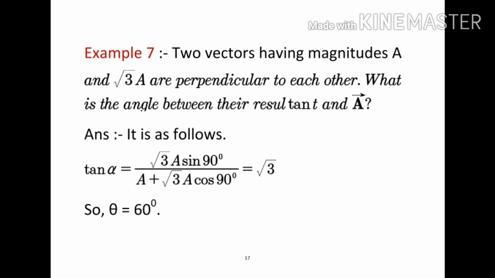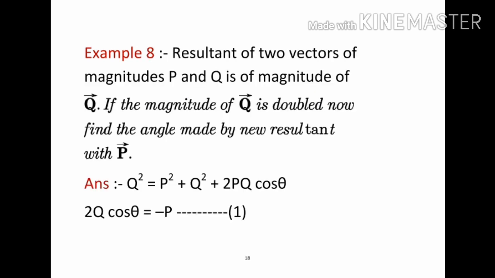Next one. The resultant of two vectors of magnitudes p and q is of magnitude q bar. If the magnitude of q bar is doubled, find the angle made by the new resultant with p bar. In this case the vectors are p and q, and the resultant is given as q.